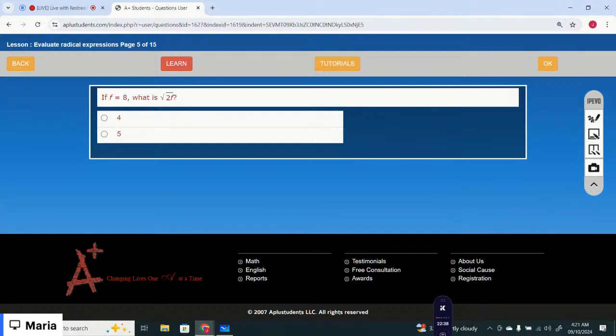Four? Yes, very good. That is 4. 8 times 2 is 16 and square root of 16 is 4. Option number 1 is the correct option.